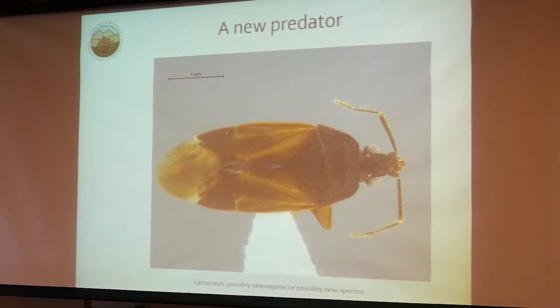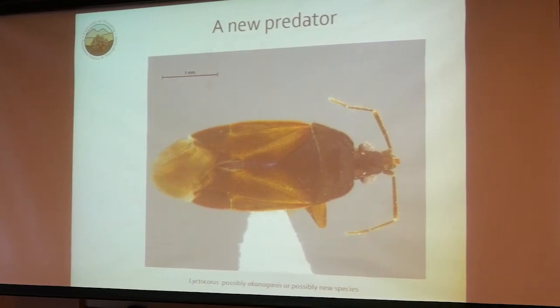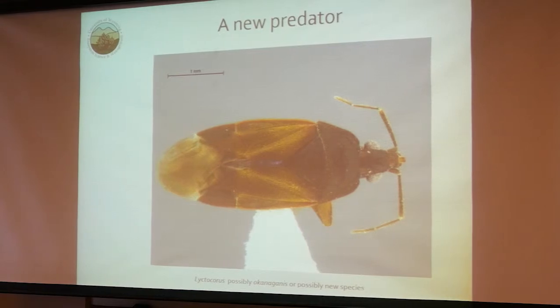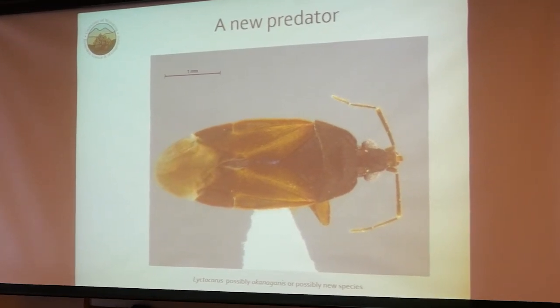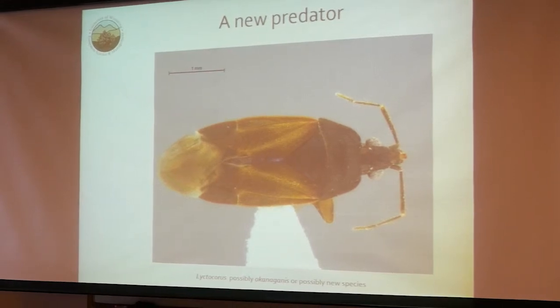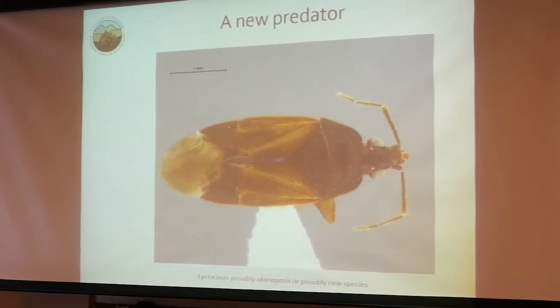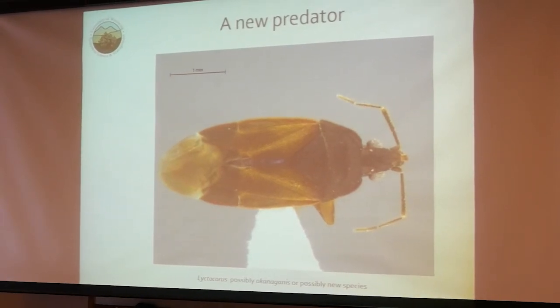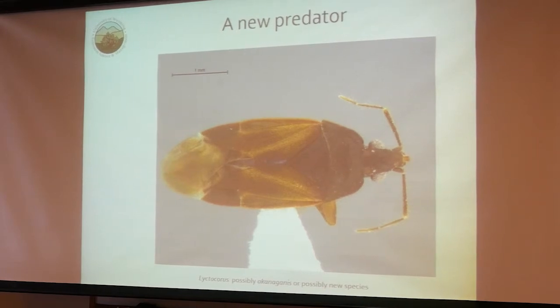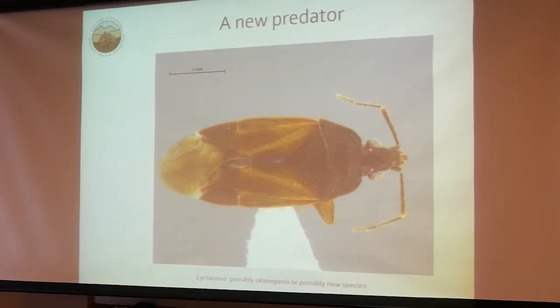They predate on the larvae and the eggs of other bark beetles. And this is a pretty tiny insect, also about 3 millimeters. This insect is most likely a predator on pine beetle eggs and larvae. We haven't proven that yet, but just given the relationship of related insects with their bark beetles, we think that's what this is. And this is an important predator.